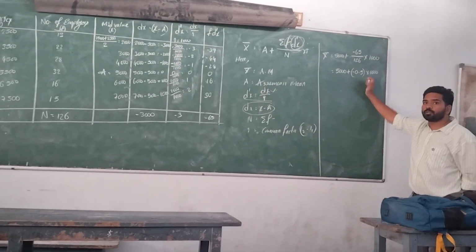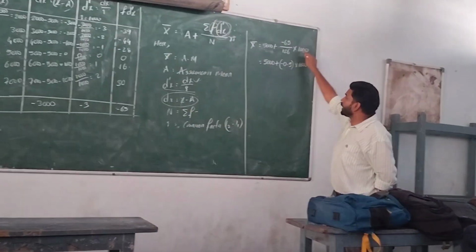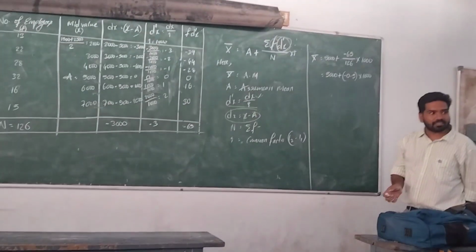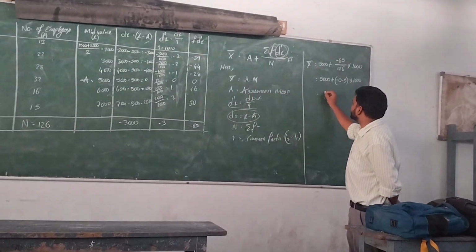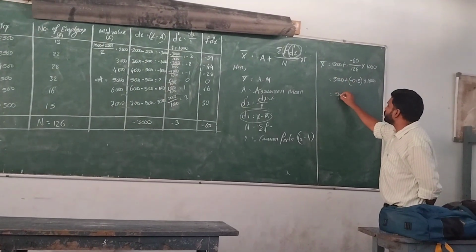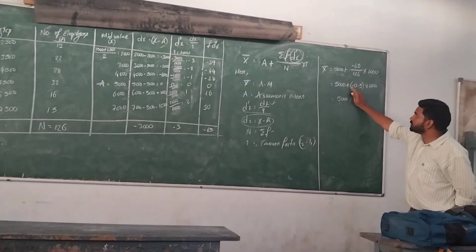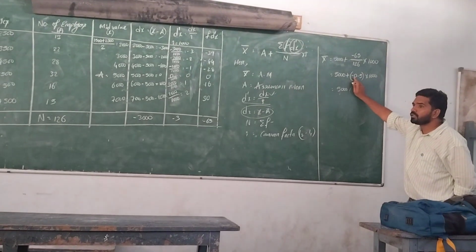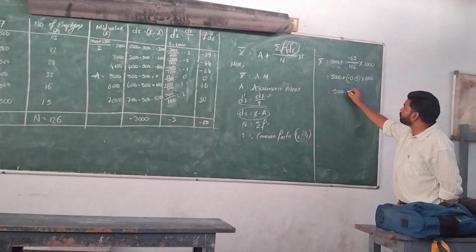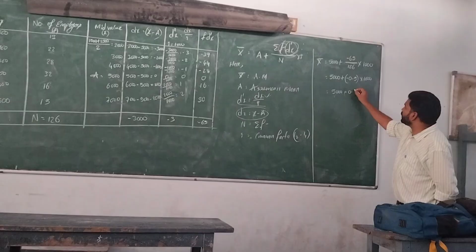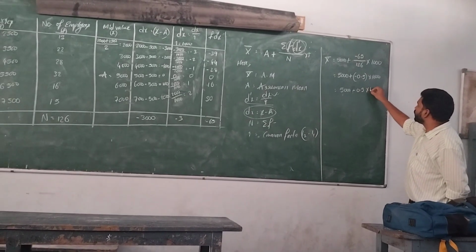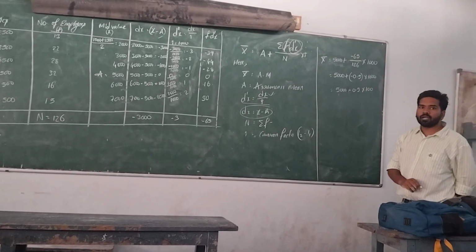This is the negative value, put it in brackets. Then bring down the 1000 as it is. In the next step, plus into minus is minus, so minus 0.5 into 1000.